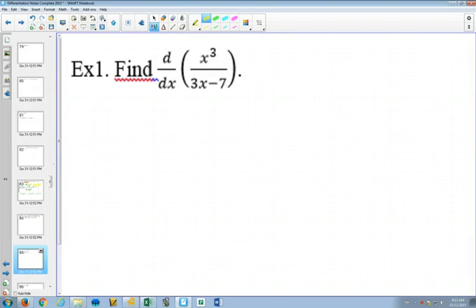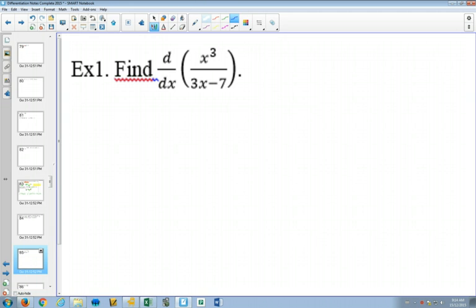This is what it would look like. We have two functions, a function on the top, a function on the bottom. We can highlight this one once we're done to show what changes, what doesn't change. And when we look at this function, we see that there's nothing that we can simplify to change this into a rule that we've done before.